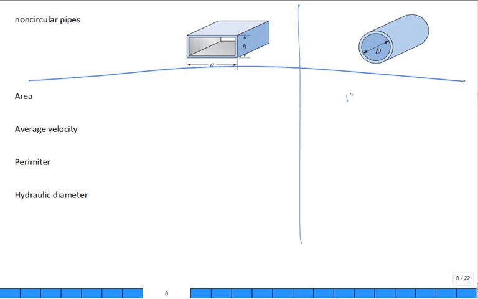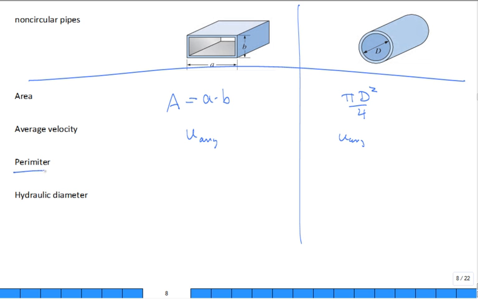What's the equation in terms of diameter? Pi d squared over 4. What would be the area for this non-circular shape, which for this illustration is a rectangle, dimension A and B? Is it A times B? Good. Then you can talk about the average velocity going down. That would be the same, U average.